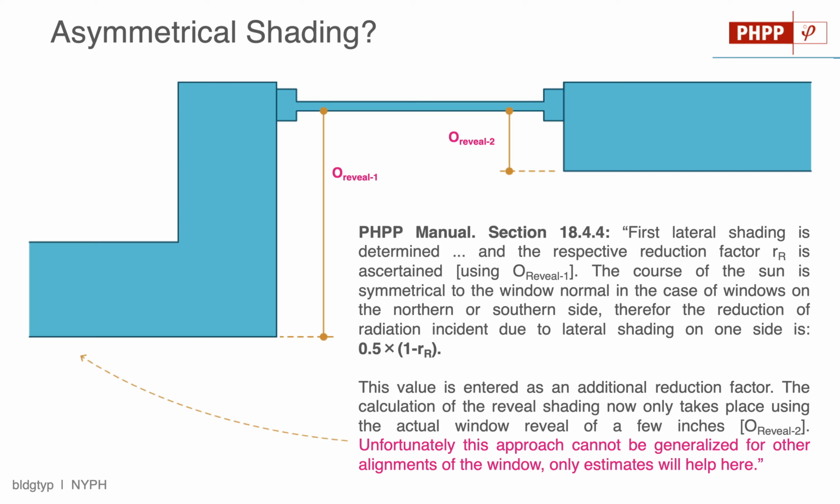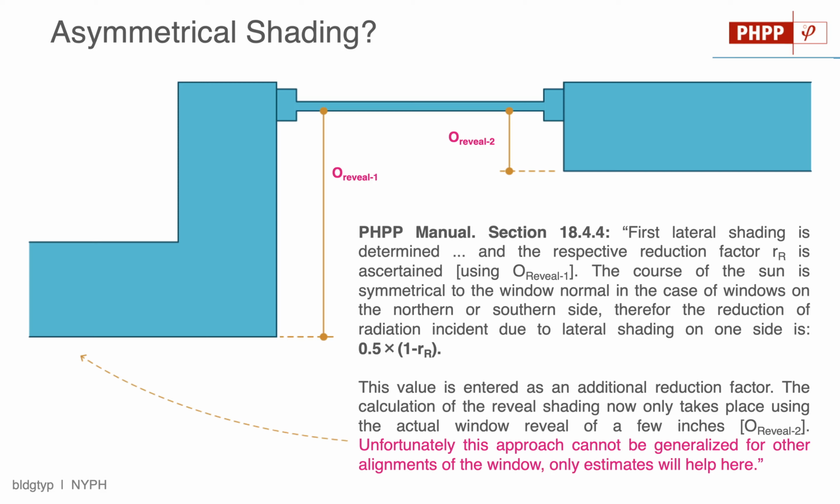Then we would copy that reduction factor. Maybe we would write it down on a piece of scratch paper, or take it off to the side. And we would enter that not as a reveal reduction factor, but as an additional shading factor. And then for the reveal, we would simply use the standard depth instead. So it's a sort of two-step process that the PHPP would recommend for situations like this.